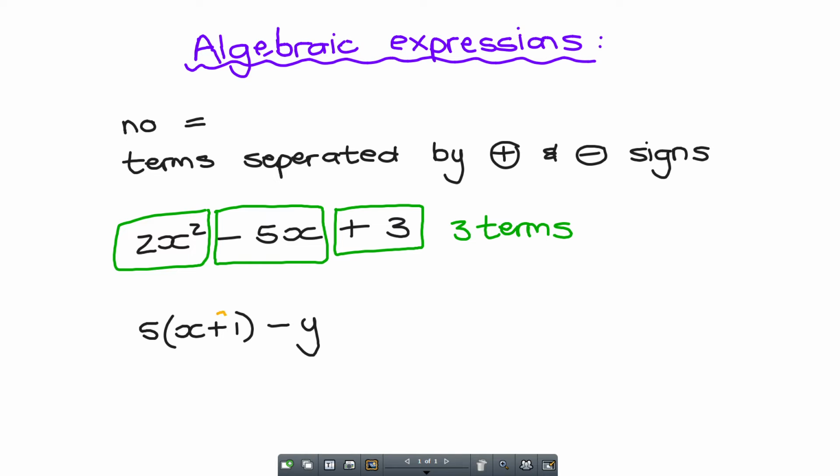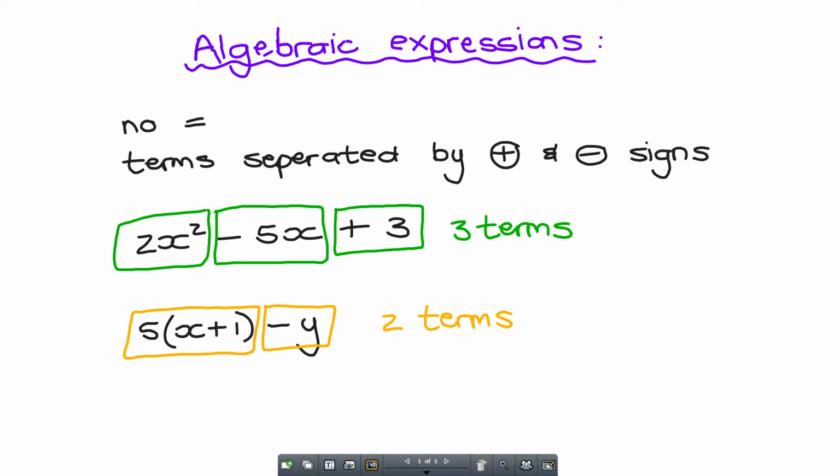Because that plus in there is inside a bracket. And this is actually 5 times the whole bracket. So I can't look at that plus inside, because that's part of the first term. Do you guys agree? So this is term 1. Then I see a negative, so it cuts and we start the new term. That is term 2. So how many terms? 2 terms.